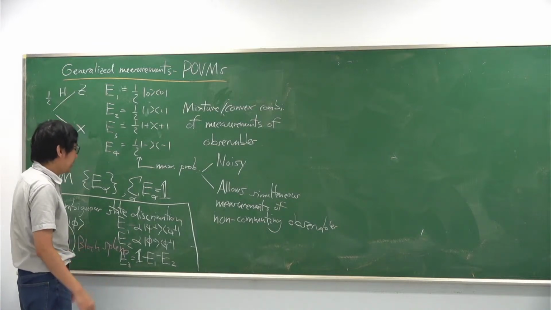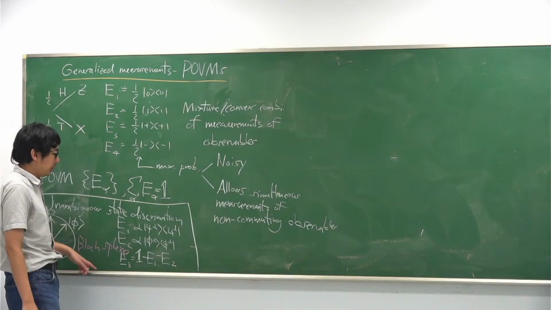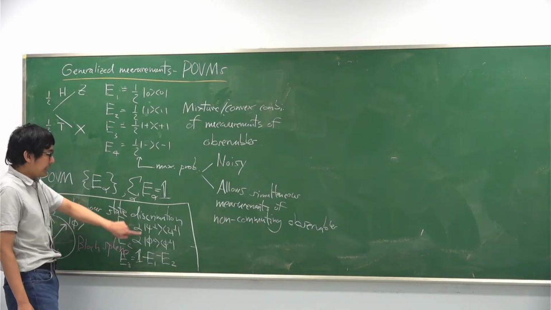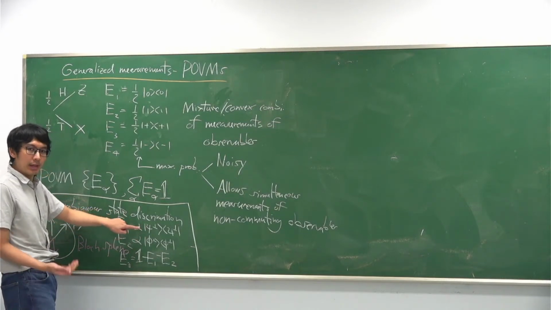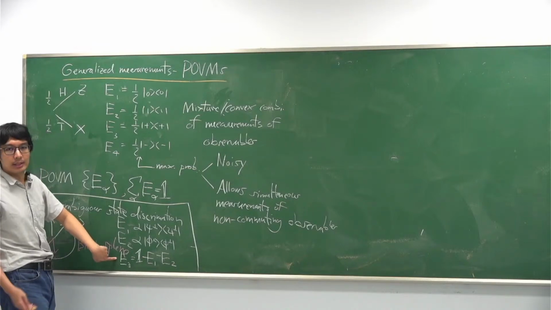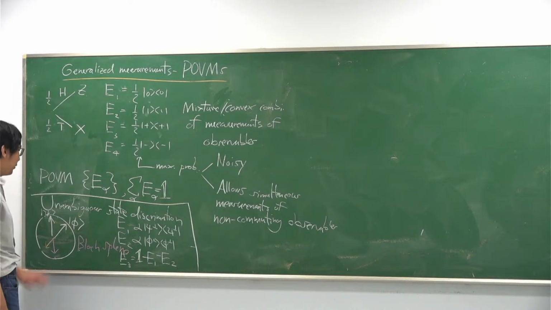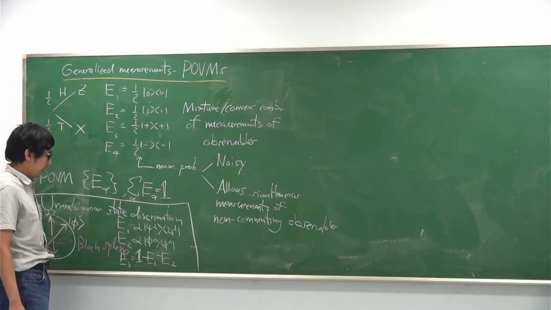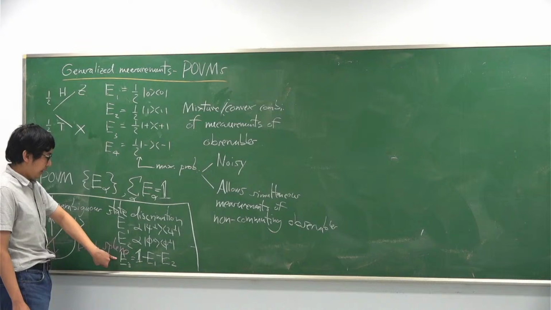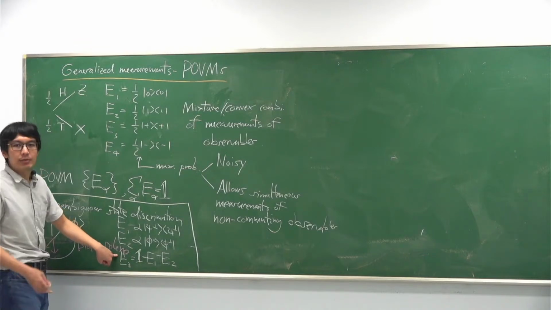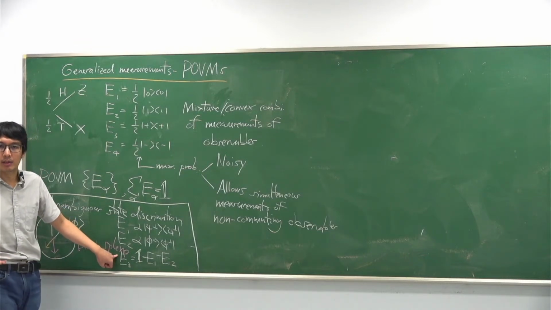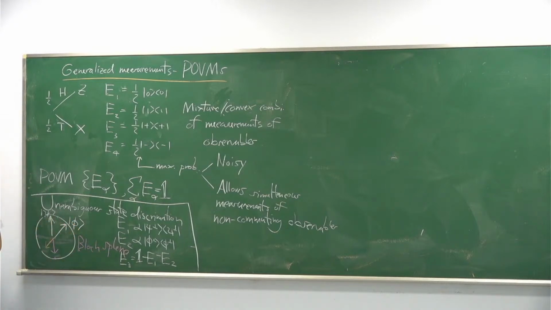It turns out when you do the calculation that you need this scaling constant to be of a certain value, so that E3 is still a positive operator, for example. And so when you add that, now this outcome E3 would give you no information whatsoever about the state. It just says it doesn't know.